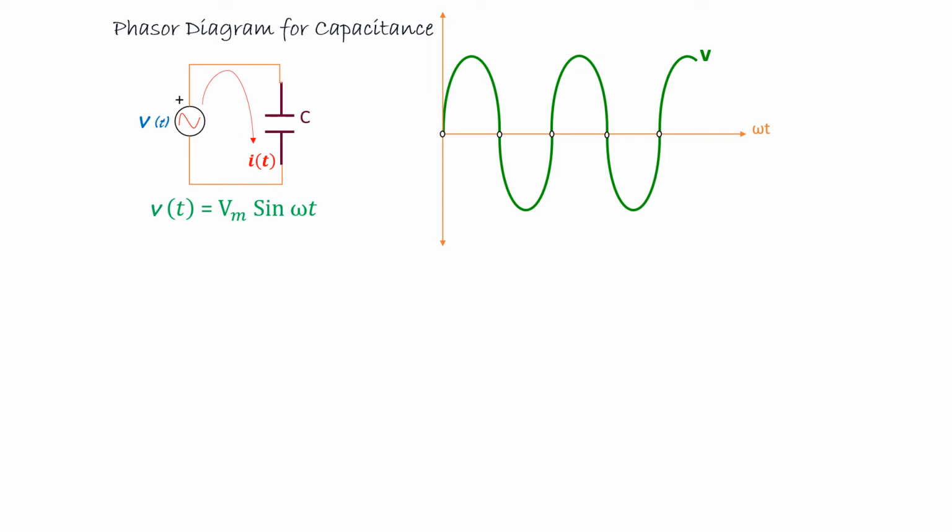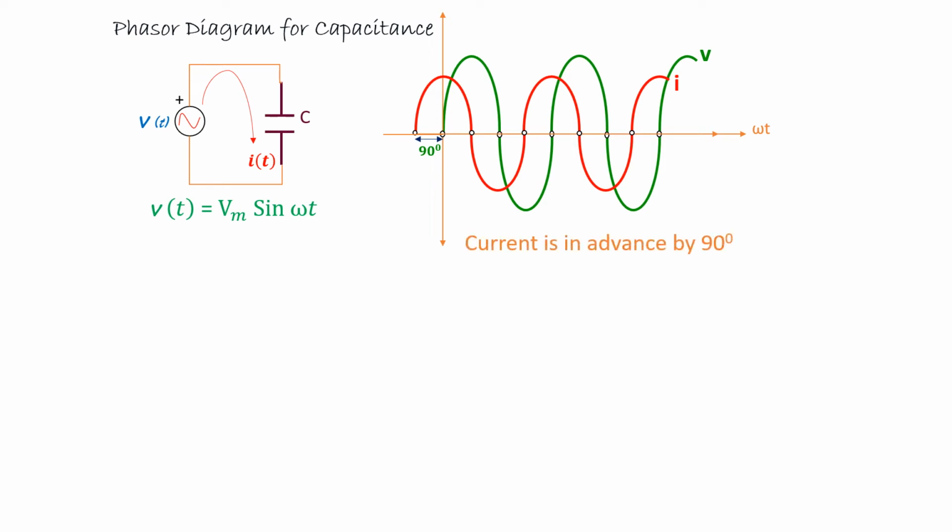In the loop of the circuit, a current i of t will flow, whose waveform is now shown in this figure. You can observe this current waveform is in advance by 90 degrees.